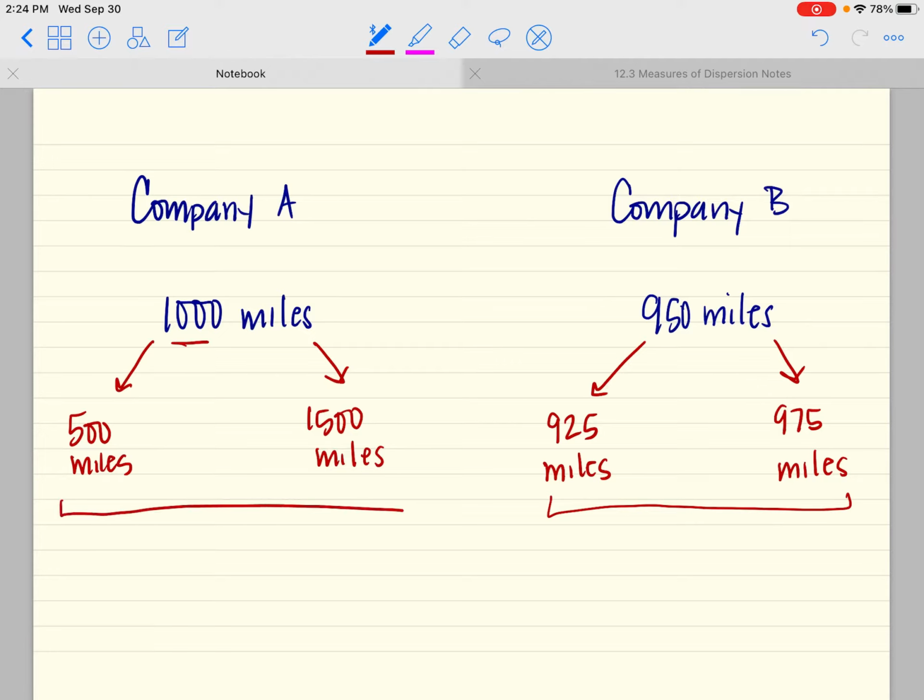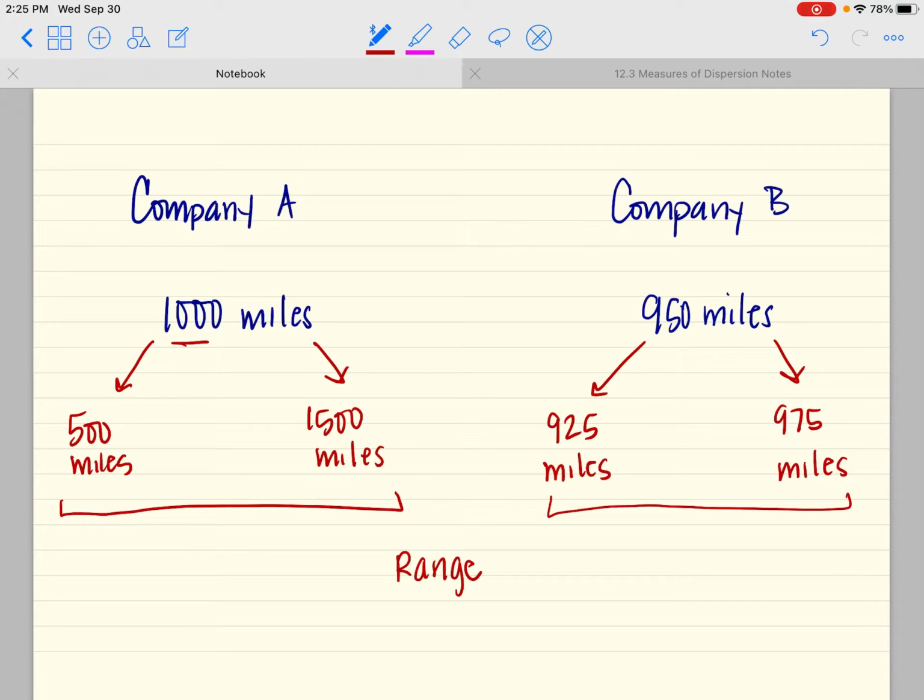So what we have are 2 ways where we can decide based on the average if the data is really spread out and if it's really far away from the mean, or is the data really close together and really close to the mean. So there are 2 ways to measure the spread, what we call, of the data, these measures of dispersion. One of them is the range, and that's where we just take the highest and subtract the lowest.